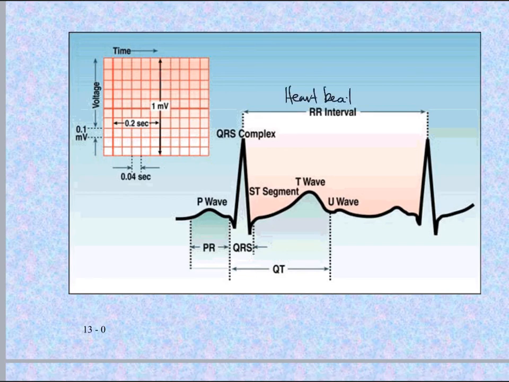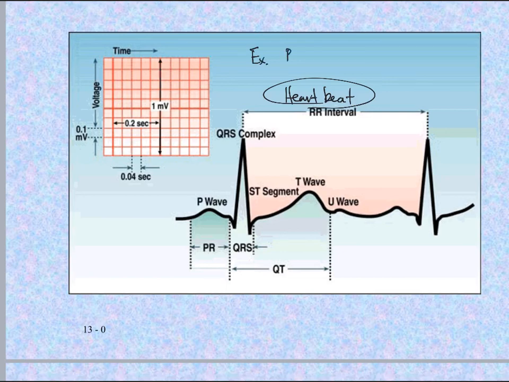So a typical heartbeat would last from any one point in the cardiac cycle to the corresponding point in the next cardiac cycle. We typically use the R spike, if you will. That's really easy to read on an EKG. It's a very defined point, and we can use that information to determine someone's heart rate. Now, if we're going to assume a very simple example, to determine someone's heart rate from an EKG, we would look at the R to R interval.